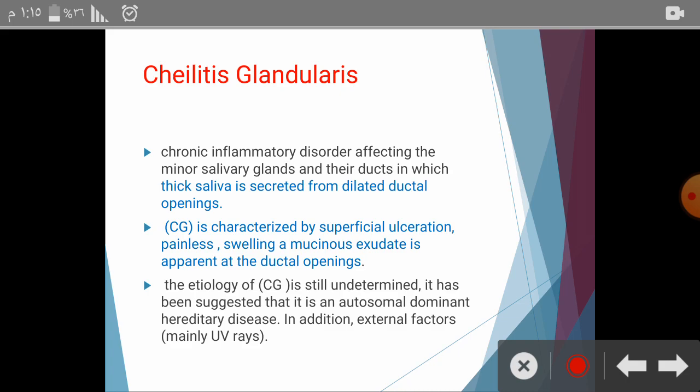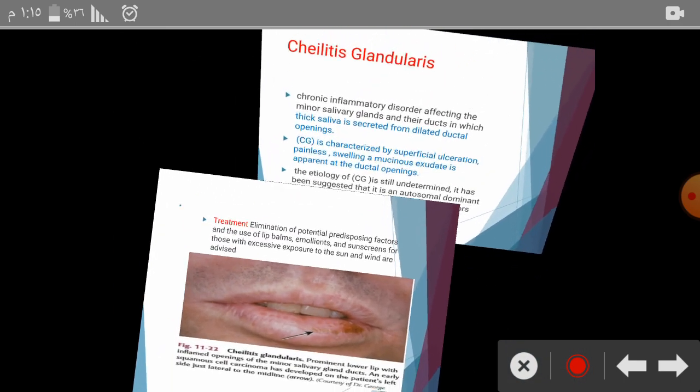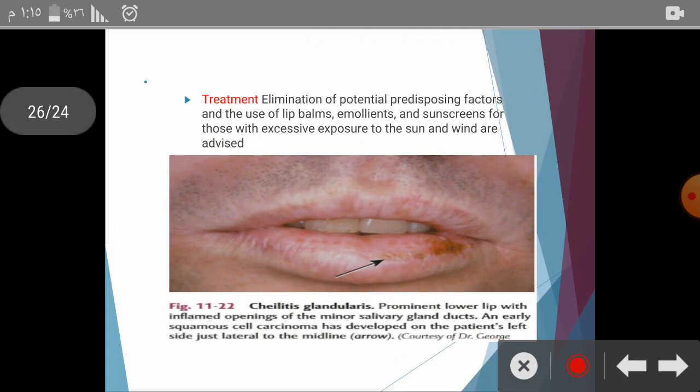It has been suggested to be an autosomal dominant hereditary disease, and an external factor is UV light. The treatment is elimination of the cause, and using lip balm and sun cream for people with more exposure to the sun.